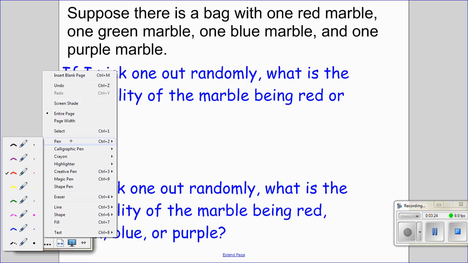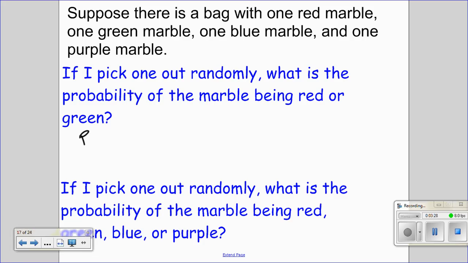So in this situation, you're going to take the probability of being red and add it to the probability of being green. Because whenever it says or, that means add in statistics or probability speak. So the probability of being red was 1/4.